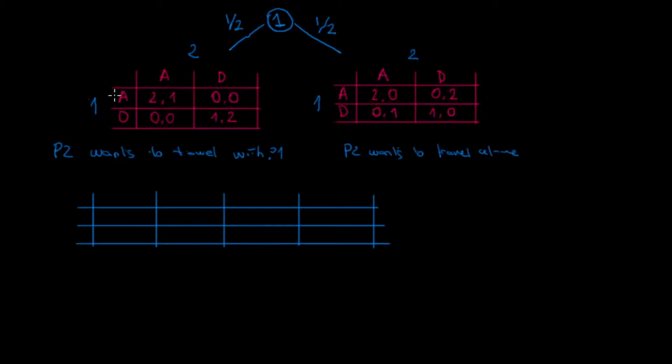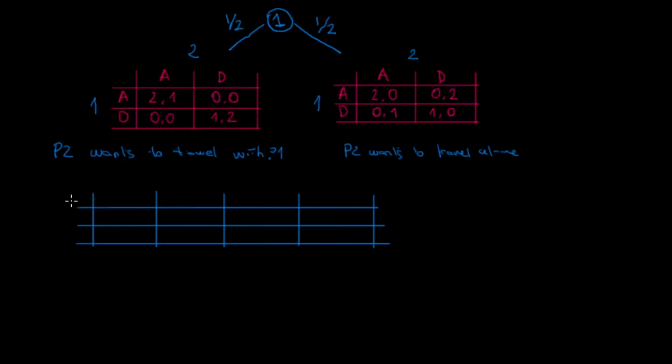Player 1 is going to choose always A or D, and the payoffs are 2, 2, 0, 0, 0, 0, 1, 1. The first number is the payoff for player 1, and the second number is the payoff for player 2. But we can see that the payoffs for player 2 change. For example, here we have 1 and here 0. Why? Because they are different types. Here player 2 wants to travel with P1, and here player 2 wants to travel alone. So the payoffs change.